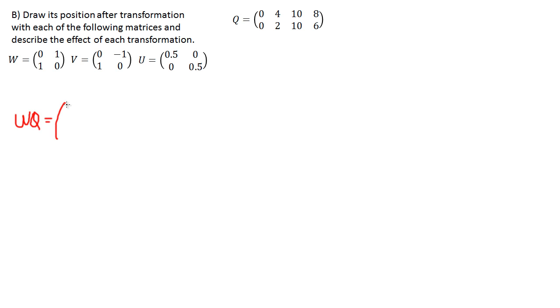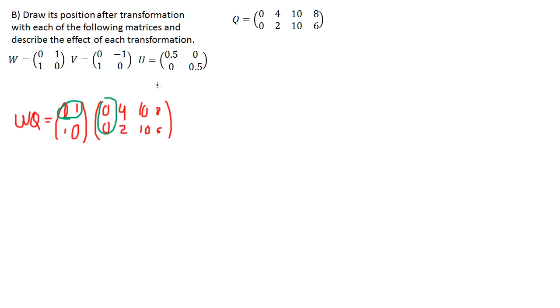So this will be 0, 1, 1, 0, and then we have Q: 0, 0, 4, 2, 10, 10, 8, 6. To multiply in the matrix, we gotta do a row times column.